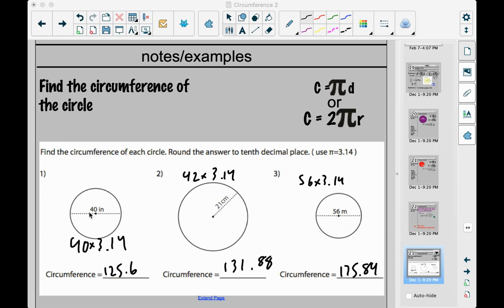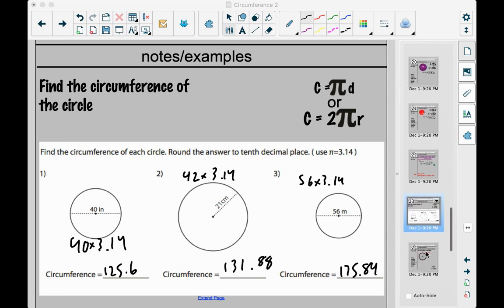Here we're given the diameter, so we can just multiply this 40 by 3.14. Gives me 125.6 inches. This one we're given the radius, so we have to double it first. If the radius is 21, diameter is 42. 42 times 3.14 is 131.88. Last one, we are given the diameter, 56. 56 times 3.14 is 175.84.